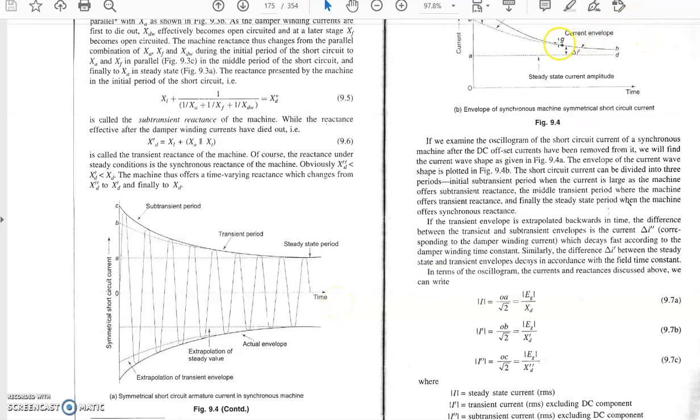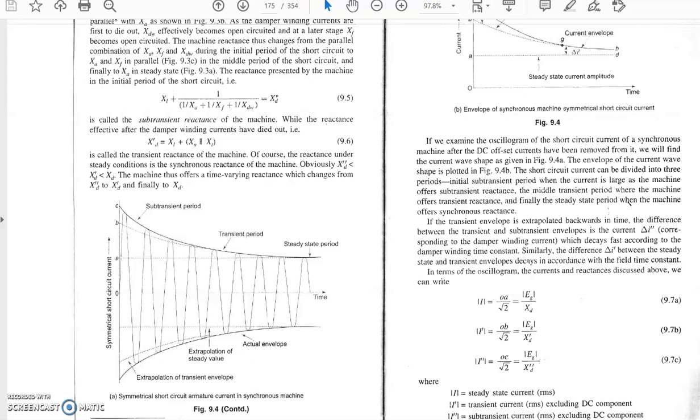If we make the envelope of the current, then the steady state current I is OA upon root 2, the RMS value, which is the modulus of EG upon XD. I dash, the transient current, is OB upon root 2, which is the modulus of EG upon XD dash, and the subtransient current is OC upon root 2, which is EG upon XD double dash.